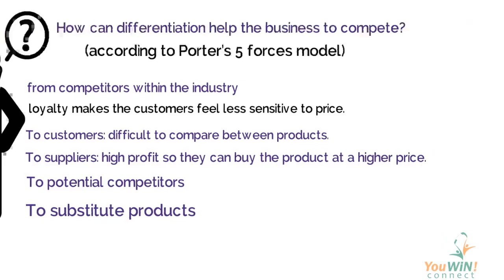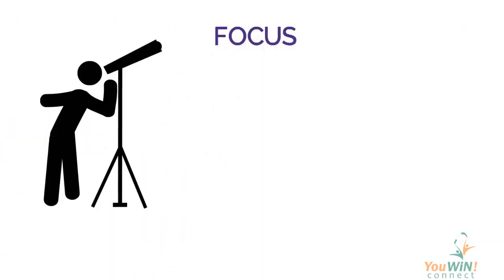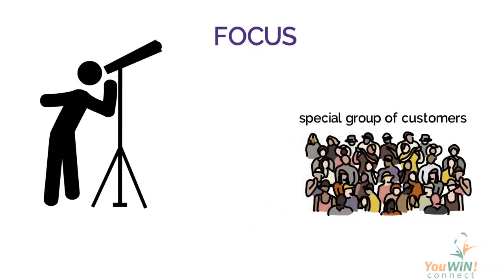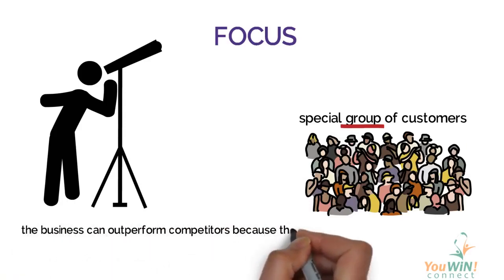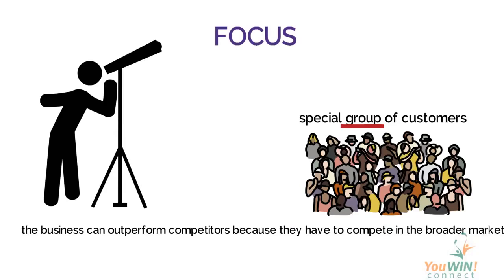Now, let's look at the final one, which is really the focus. And if you look at the focus strategy, it is implementable when the firm needs or has decided to focus on a special group of customers. All the business's strategy should focus on providing the best service to this group, which is a niche really. When serving a small group of customers, the firm can outperform competitors because they do not have to compete in the broader market.